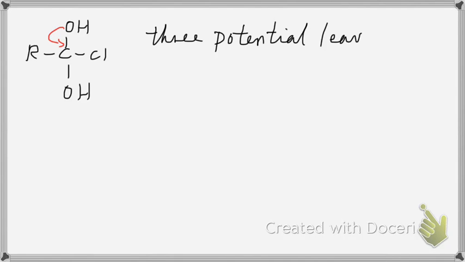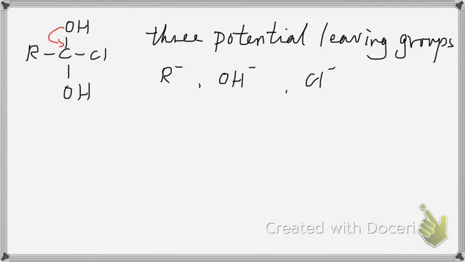So we have three potential leaving groups here: the R minus, the OH minus, and the Cl minus. Okay. Again, when we form the double bond on the carbon, we have to break a bond. So these are the three groups that can leave.